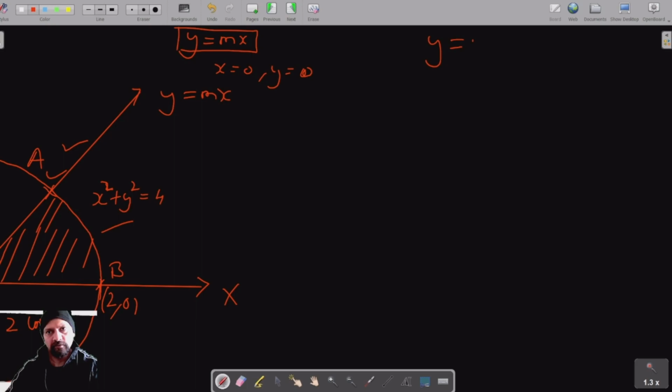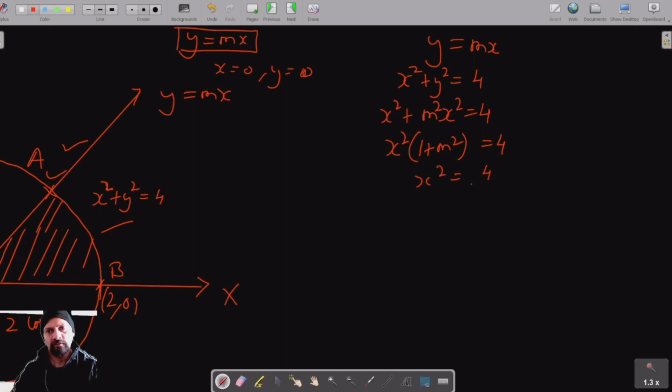So the line's equation is y is equal to mx and the circle's equation is x square plus y square is equal to 4. If we put the value of y here, this is m square into x square, so x square into 1 plus m square is equal to 4.